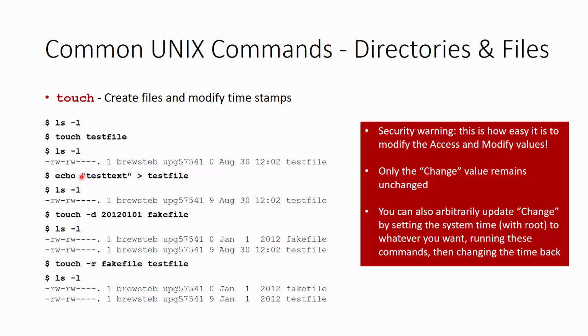I can then say echo test file, and I'm going to dump text into that file to give it some size. So here you can see that the size goes from 0 to 9. So why does it have 9 bytes when the phrase that I put in there was only 8 characters long? The reason is because the new line character was added automatically.